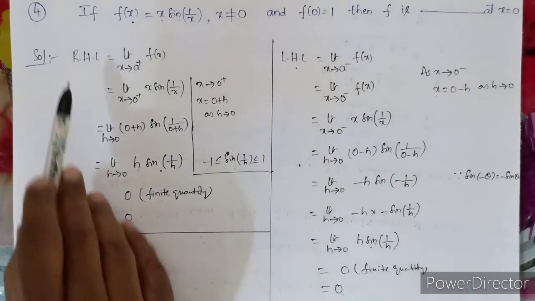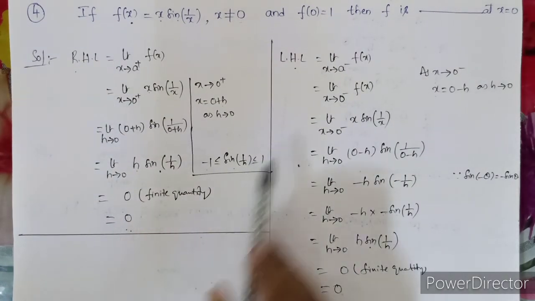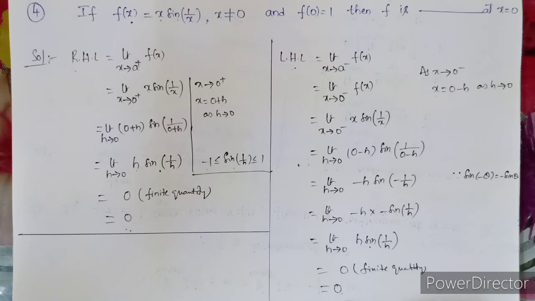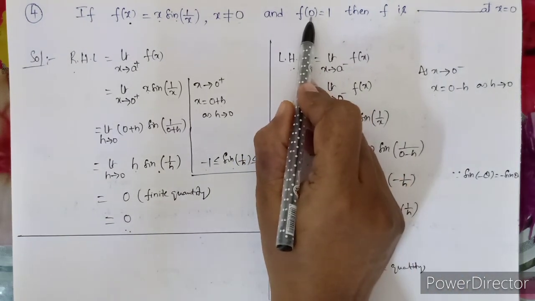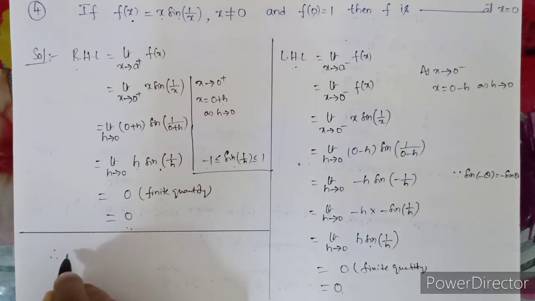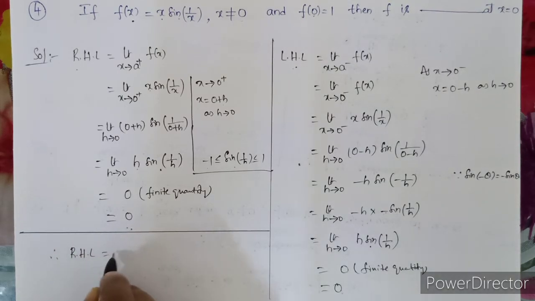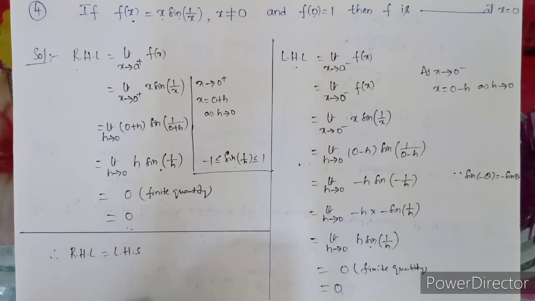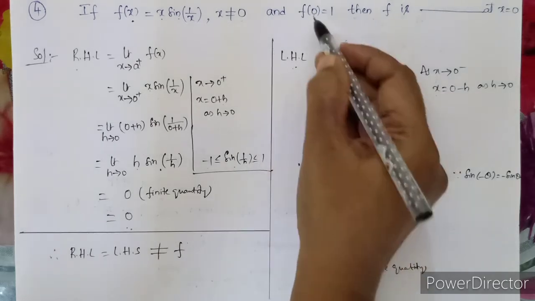We have seen right-handed limit 0, left-handed limit 0, and in the question at x equal to 0, f of x is equal to 1. Therefore, right-handed limit is equal to left-handed limit, but both are not equal to f of a. Here a is 0.